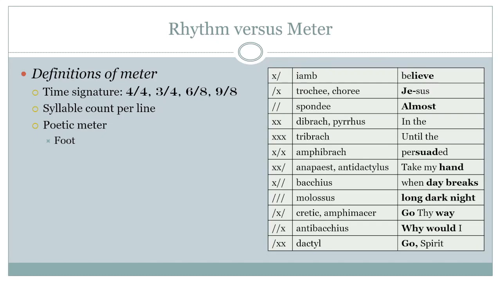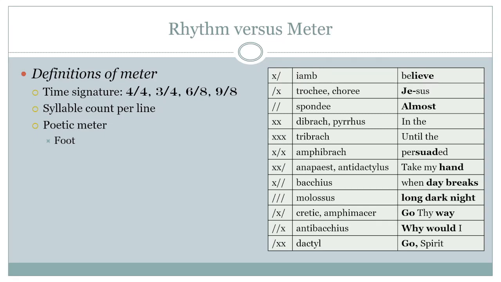So what we have in the first 4 sections, or the first 4 feet, are different accents. The X is a soft accent and the slash is a heavy accent. For example, "believe" has that soft, hard accent. "Jesus" has the accent on the first syllable.